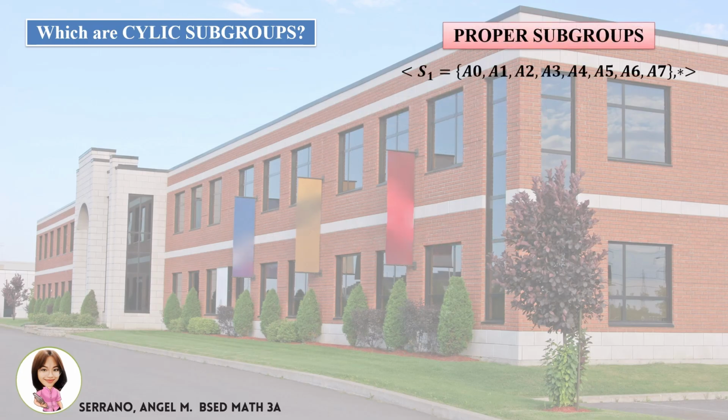And next we have the proper subgroups. First we have the proper subgroup S sub 1, which contains the elements A0, A1, A2, A3, A4, A5, A6, A7 under binary operation star. First let's classify if its table is abelian.